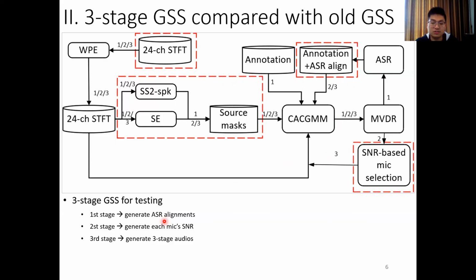The first stage outputs audios and generates ASR alignments. The second stage outputs masks iterated by CGMM, and we use it to generate the SNR information. And in the third stage, we use the filtered microphones to generate the final testing audios.